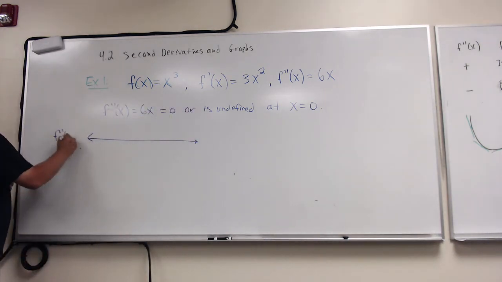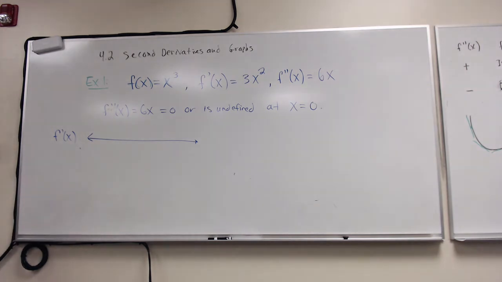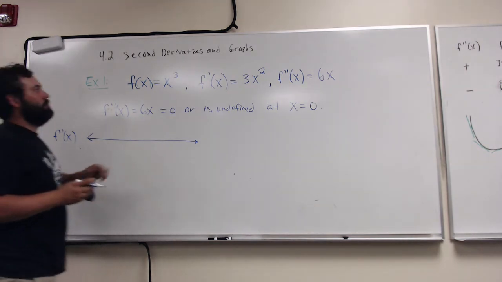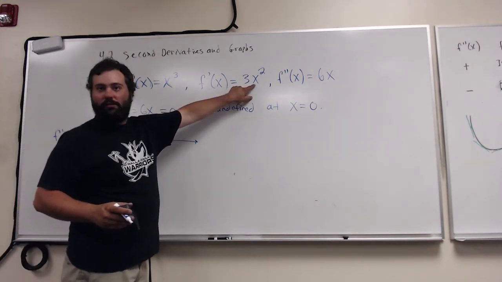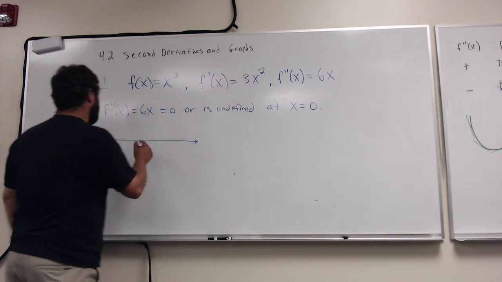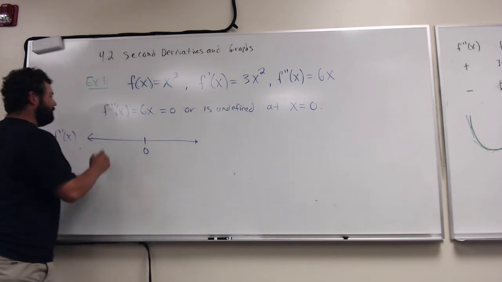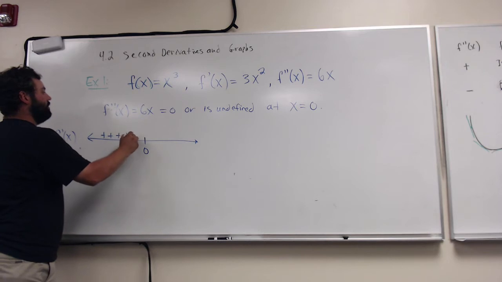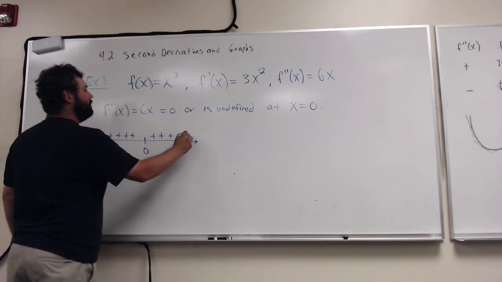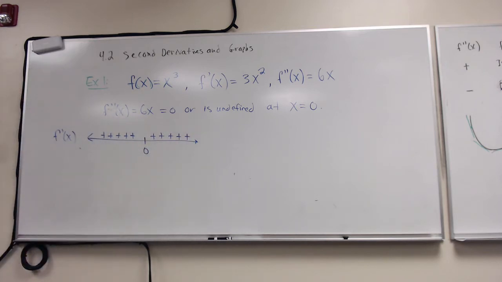Let's say I was using the first derivative test for intervals of increase and decrease. The first derivative is also 0 or undefined only at 0. So you can put down 0, but the first derivative is going to be positive to the right and to the left. So this function is always increasing except at the origin, 0.